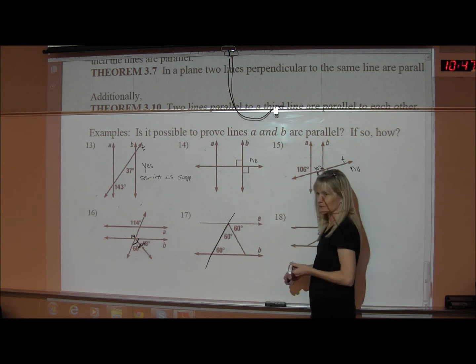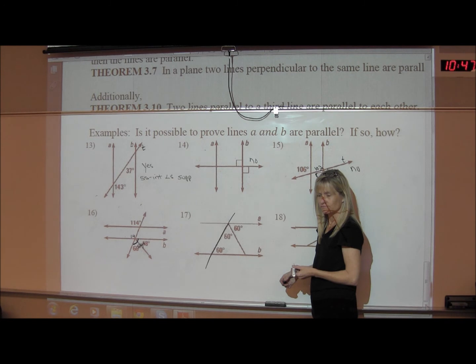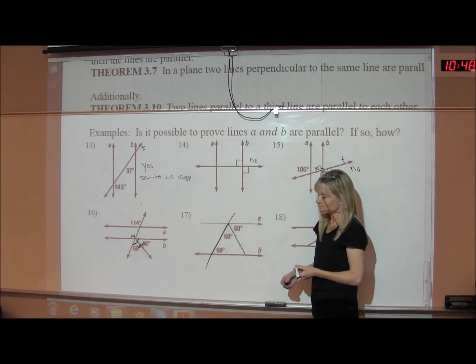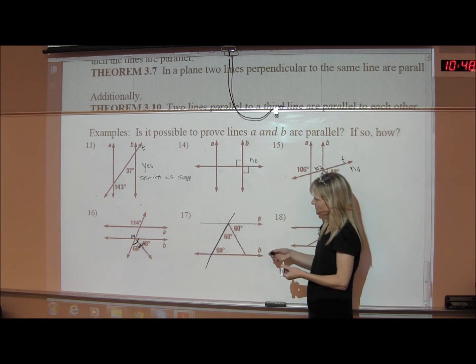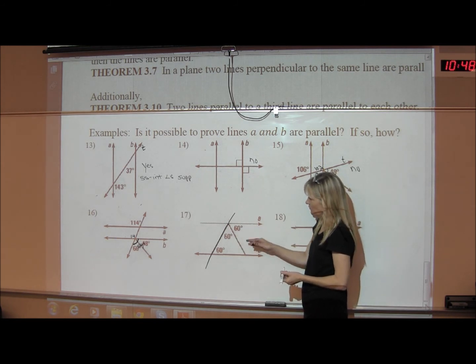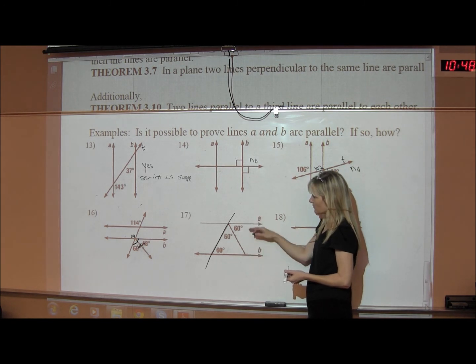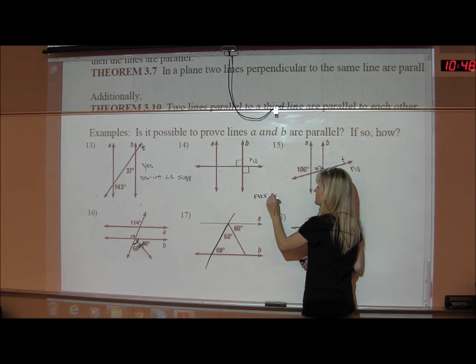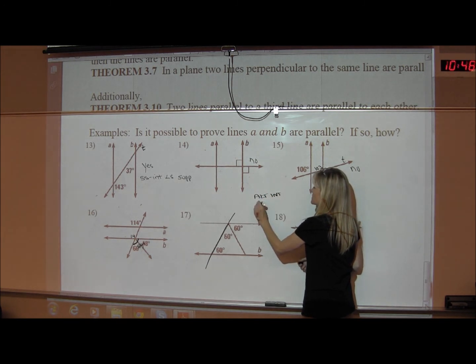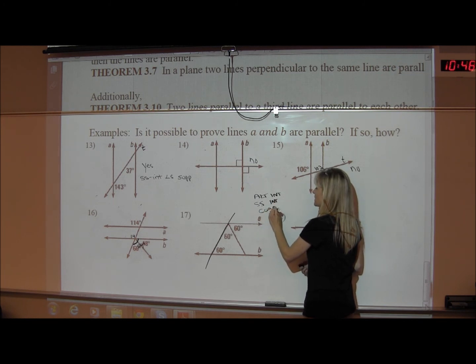Do we know anything that we can use? They're all 60 degrees. Do we know anything about angles that'll help us? We need to know either alternate interior or same side interior or corresponding. Do we have any of those?